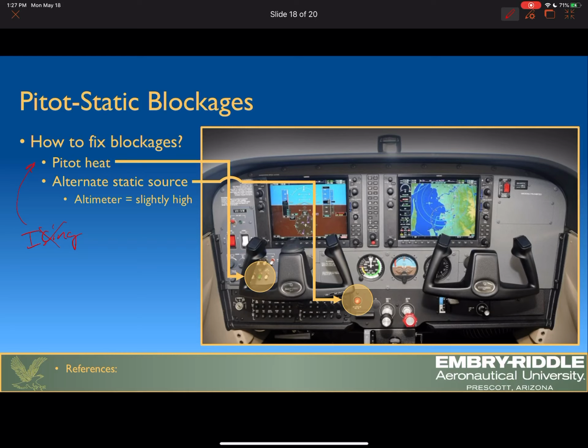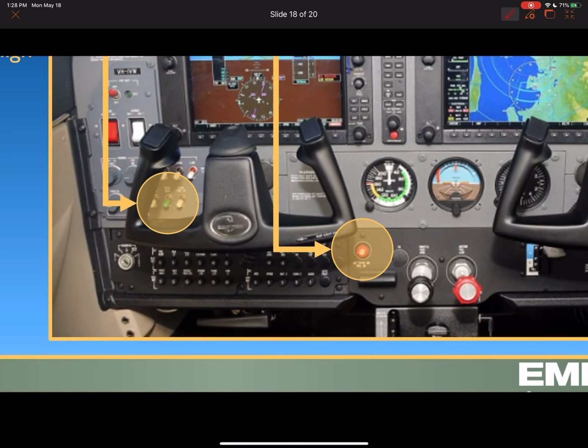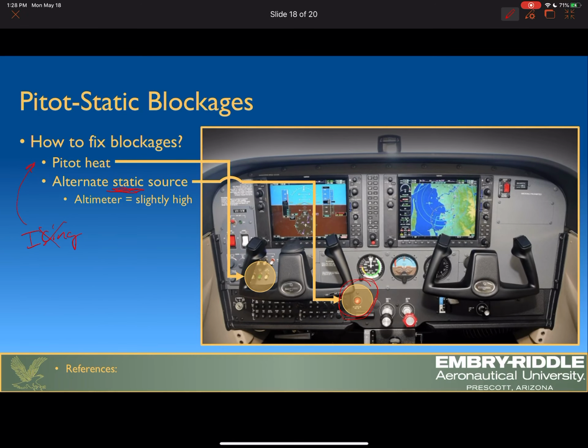And then if our static port is blocked, whether it's icing or a bug or dirt or whatever gets in there, we have an alternate static source. It's a little knob. You can see it here in this picture. It's this little red knob. When you pull that, the new static port is going to be located inside the cockpit.